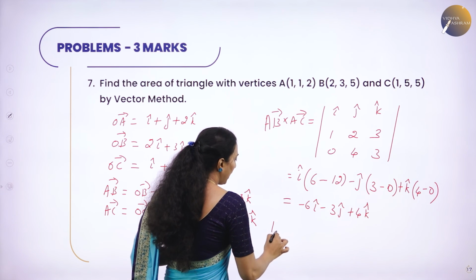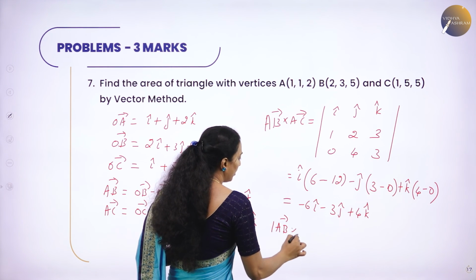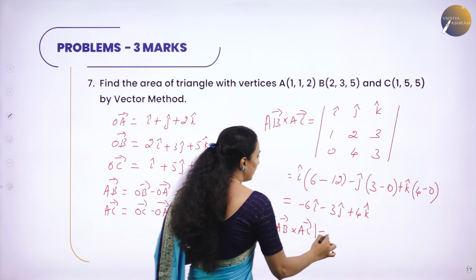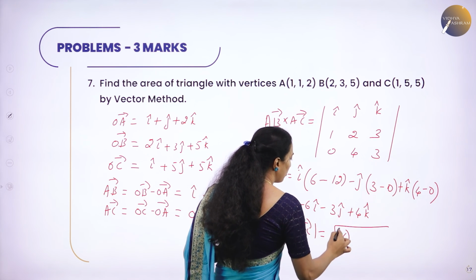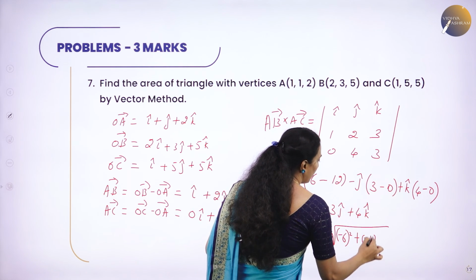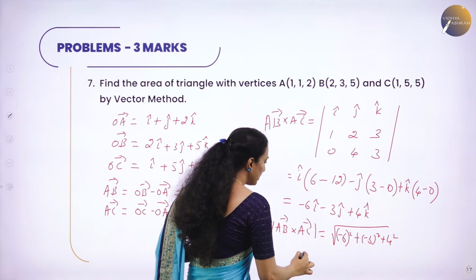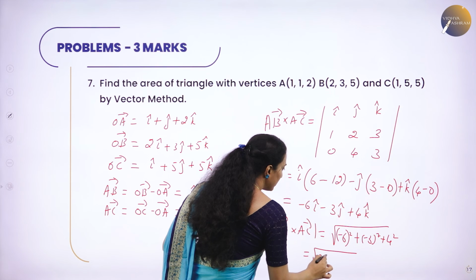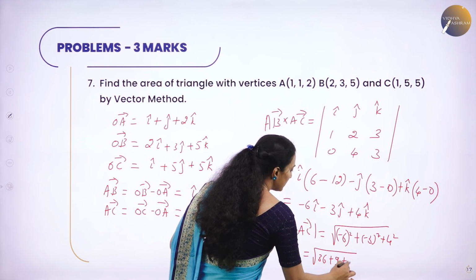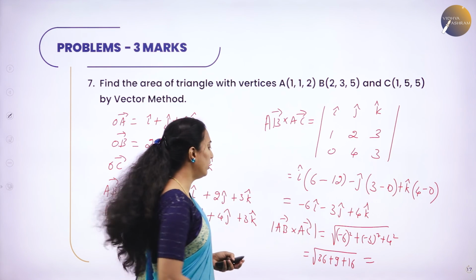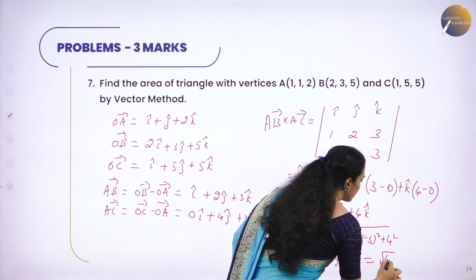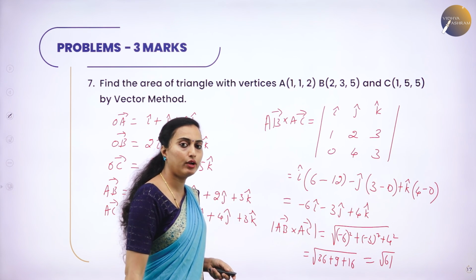Now, finding the magnitude of AB vector cross AC vector, we get under the root of minus 6 whole squared plus minus 3 whole squared plus 4 whole squared, which is under the root of 36 plus 9 plus 16. So the answer is under the root 61. Now, what they have asked us to find is the area.